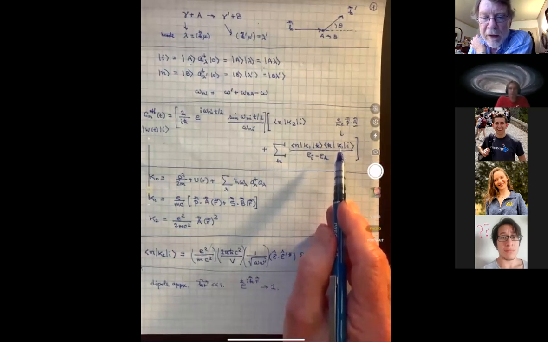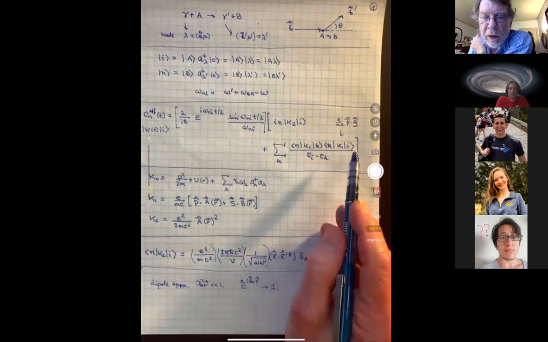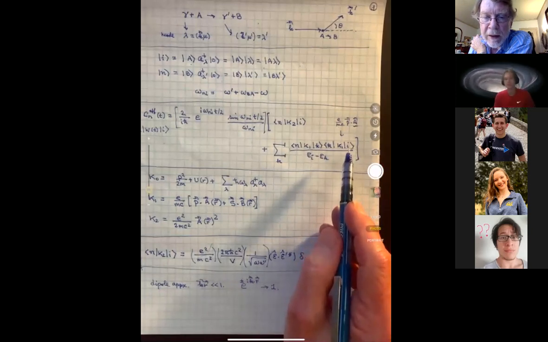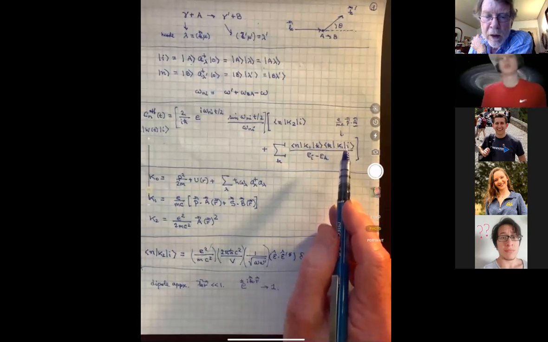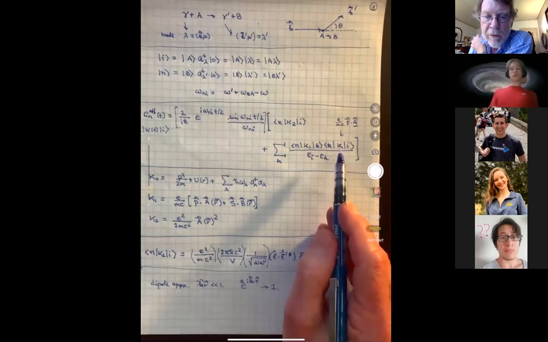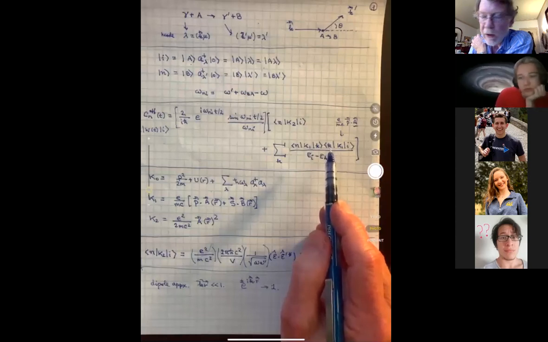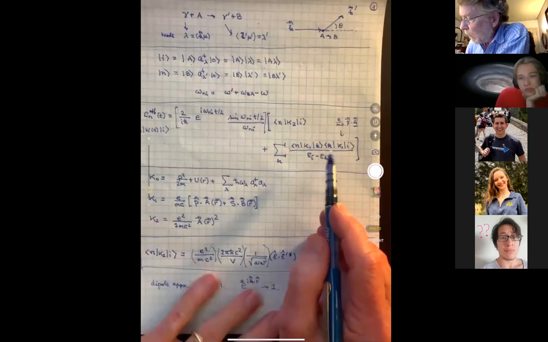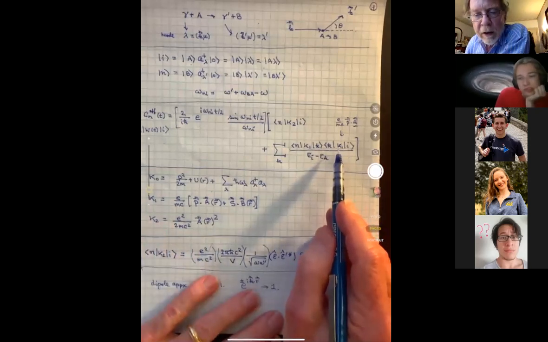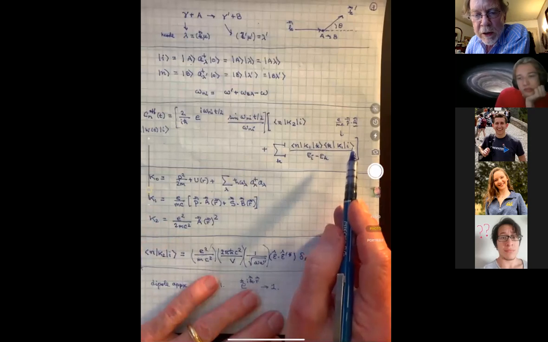Now, it can't destroy a photon unless it destroys the photon that's already in there. It's got to be the incident photon because there's no other photon to destroy. So if K1 destroys a photon, then the intermediate state k, lowercase k, can only contain no photons. It has no photons at all. On the other hand, if K1 creates a photon, then it creates a second photon in addition to the initial one.